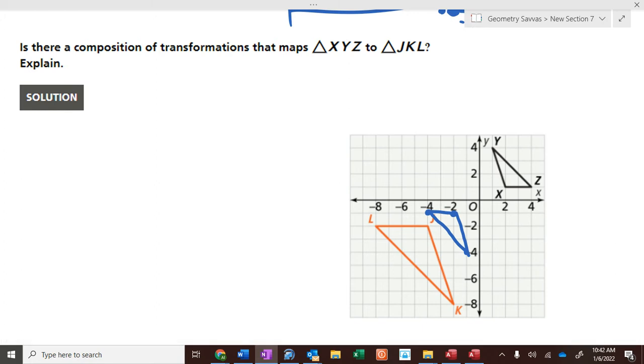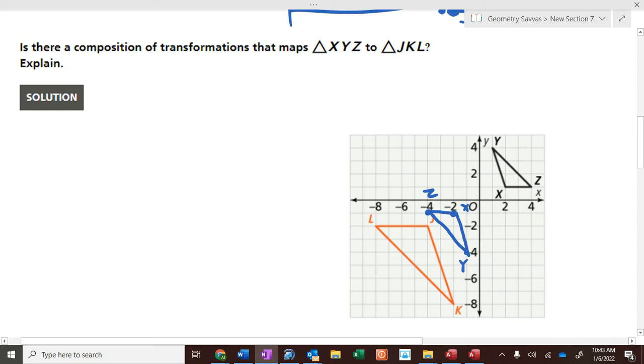Now we have to make it the same size. Okay? So this was X, this was Z, and this was Y. All right. So X was at -2, -1. And I want to go to -4, -2.